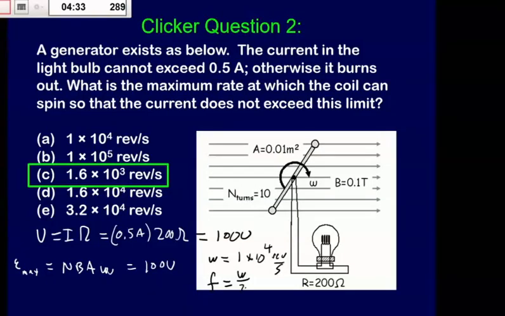If you take omega divided by 2 pi, you come out with a frequency of 1.6 times 10 to the 3rd revolutions per second. I wanted to do that again to hit this home, because I think a lot of us don't have a lot of familiarity with that. Questions on this one, anybody?